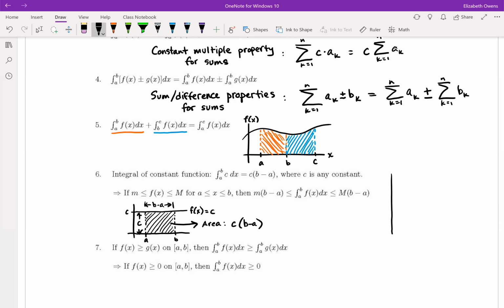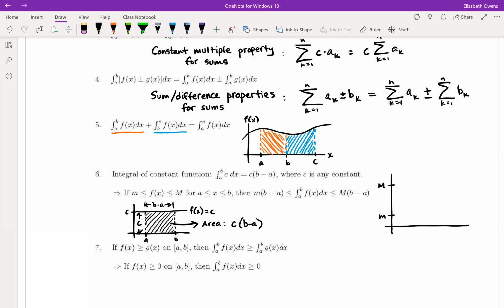So we would say, let's see, here's little m and here's big M, and f of x has to be between those two values. It's greater than or equal to little m, but it's less than or equal to big M.